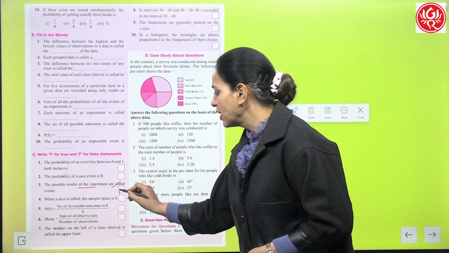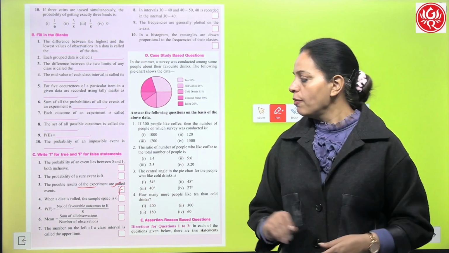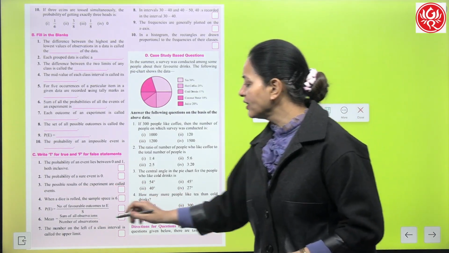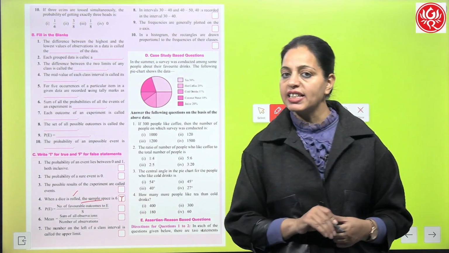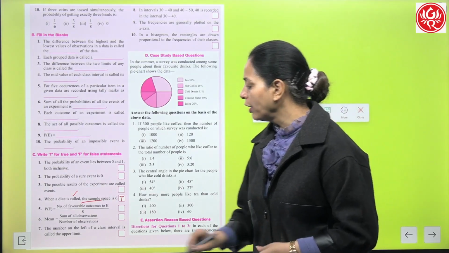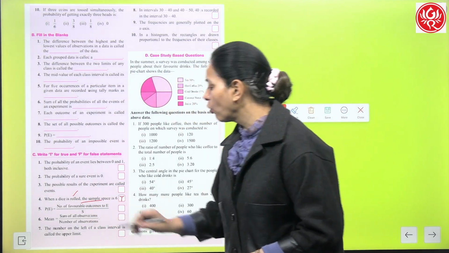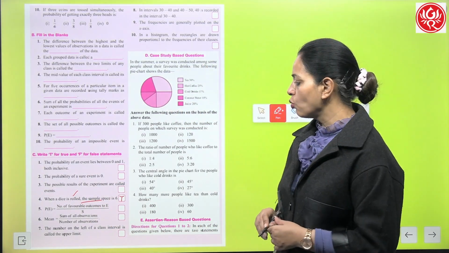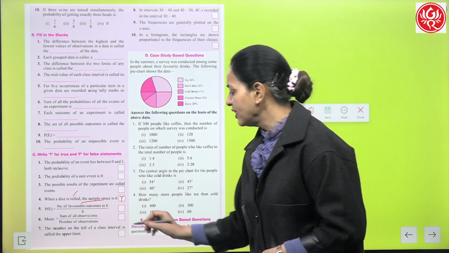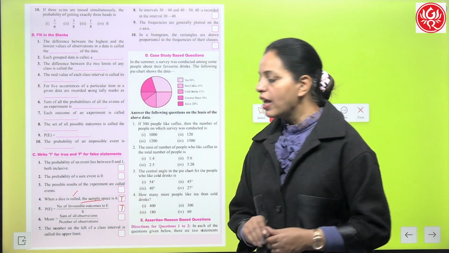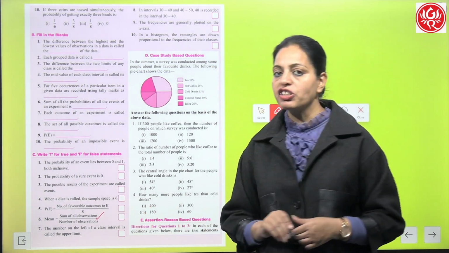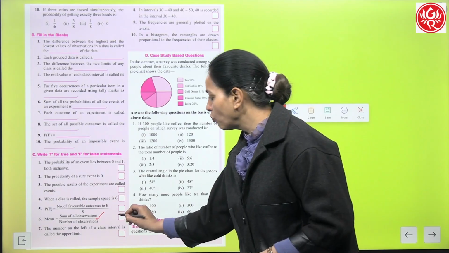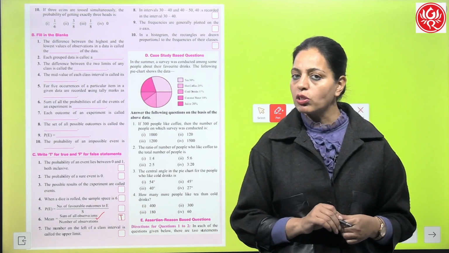No, this is false, okay. The fourth one, when a dice is rolled, the sample space is 6. Yes, this is true. The fifth one, P of E equals the number of favorable outcomes to E divided by S. Yes, this is true. And the sixth one, mean equals the sum of all observations divided by the number of observations. Yes, this is also true.